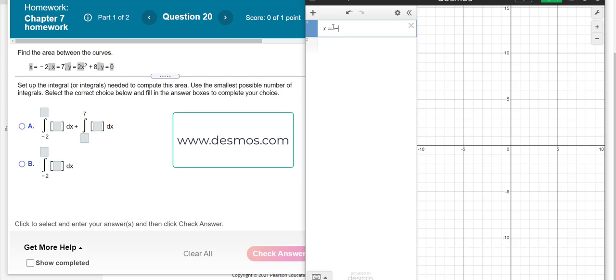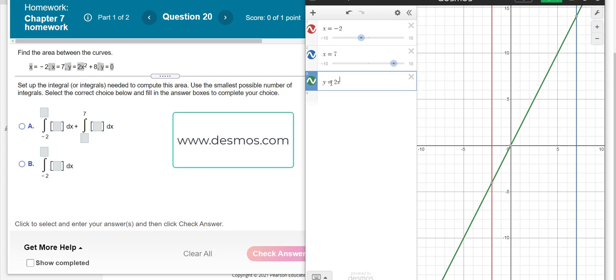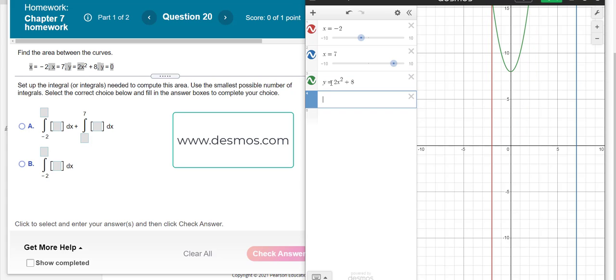X equals -2, hit return. X equals 7, hit return. Y equals 2x squared plus 8, and y equals 0.